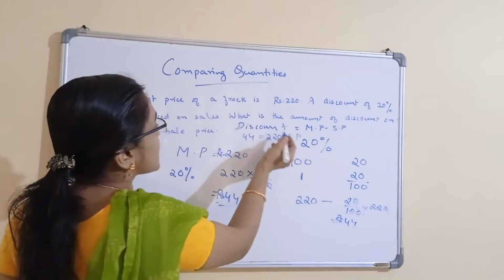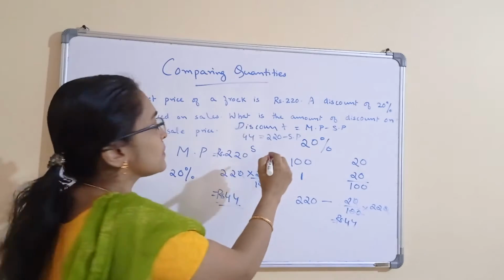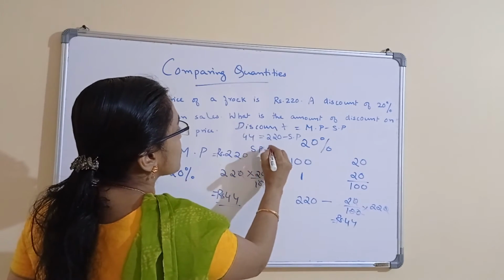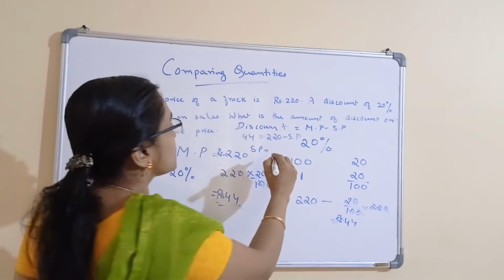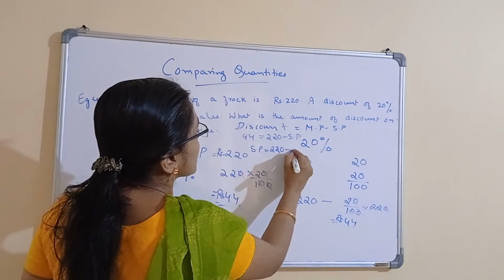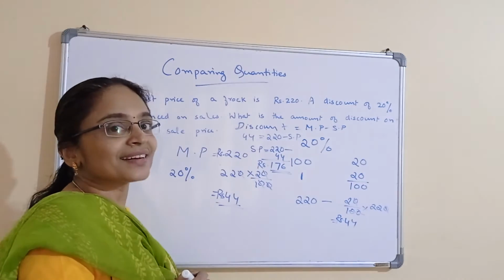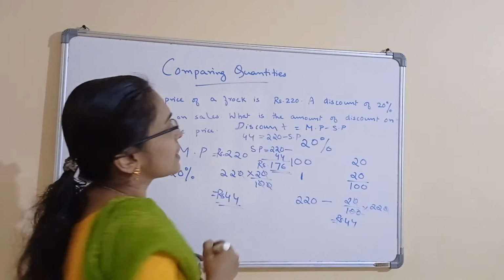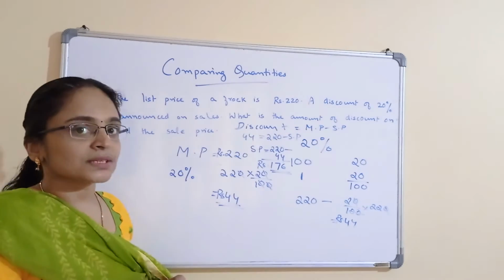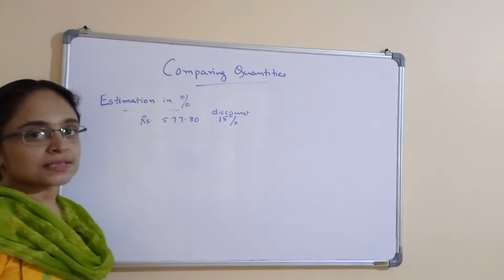If we take this selling price here, it will become SP is equal to, then we can take this 44 to the right hand side. It will become 220 minus 44. So we got it as 176 rupees. So the selling price is 176 rupees.